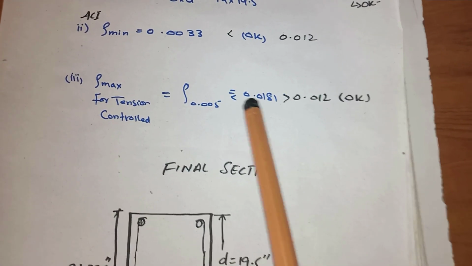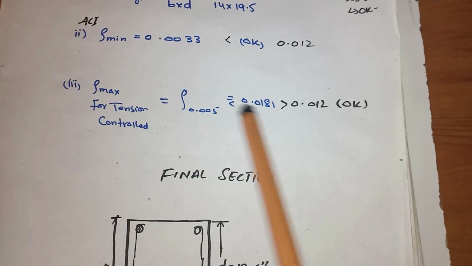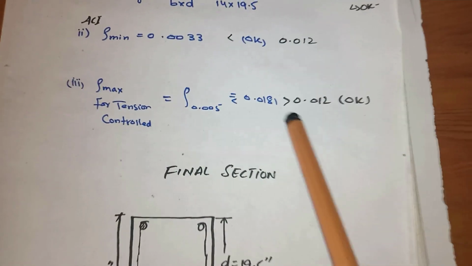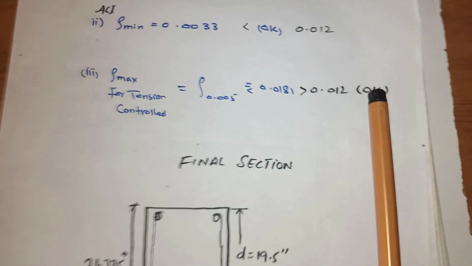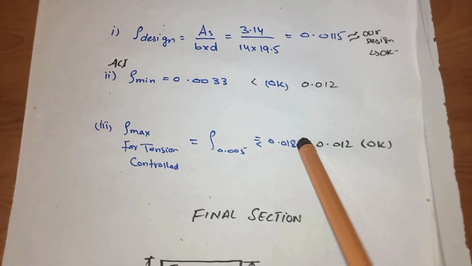So here we have 0.01, that is greater than, or 0.0181, that is greater than our value. So we have this check also okay. So these three are the final checks that are to be measured according to the ACI code.